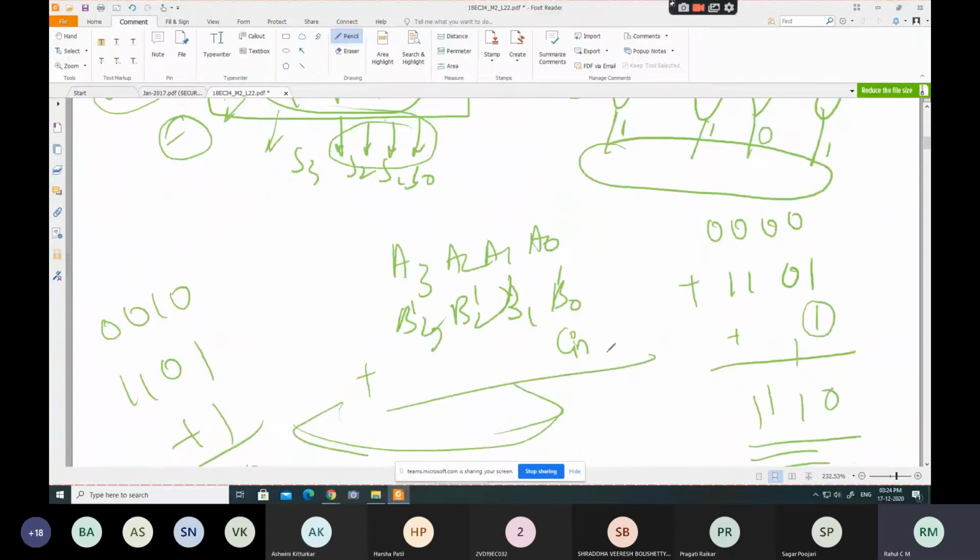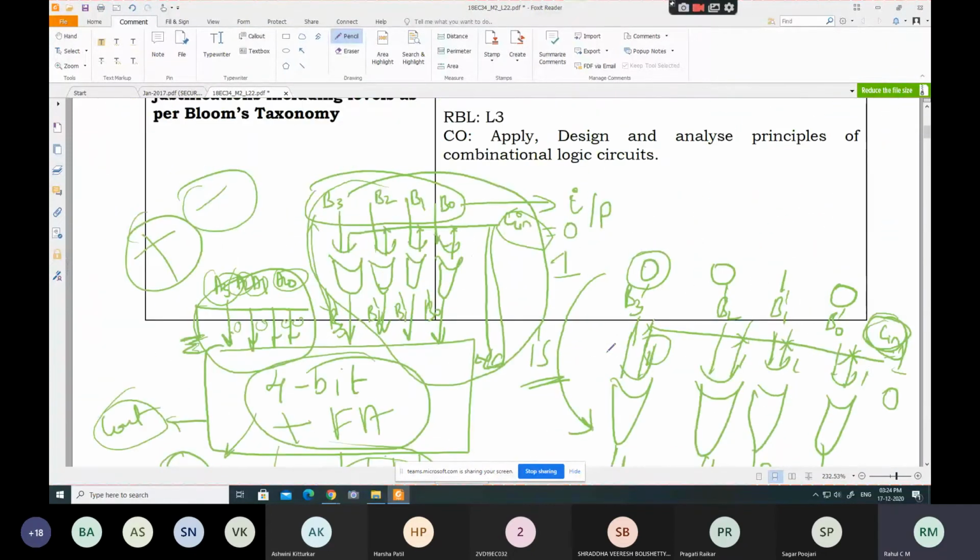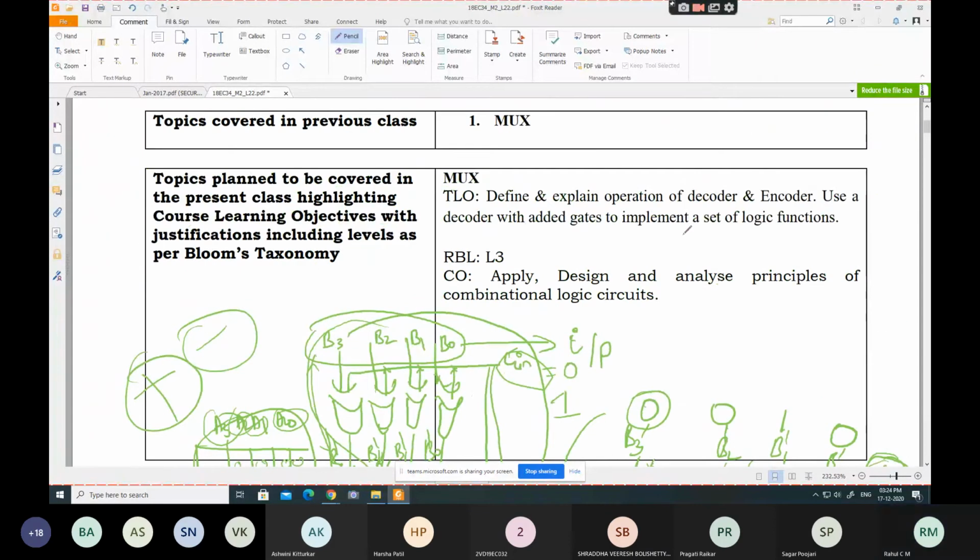You know one thing, in the K-map, the adjacents are related how? This is the K-map, right? 0 0, 0 1, 1 1, 1 0, and 0 and 1. How are any adjacent cells, this and this, related? Difference of 1 bit. It is by gray code.